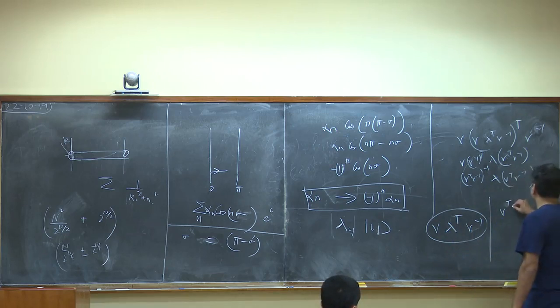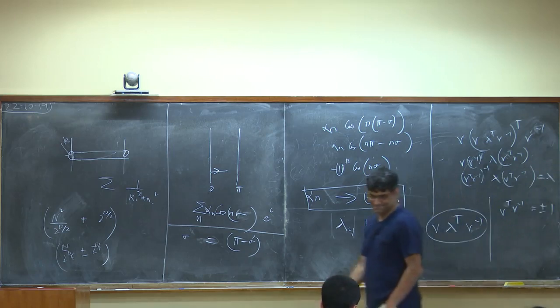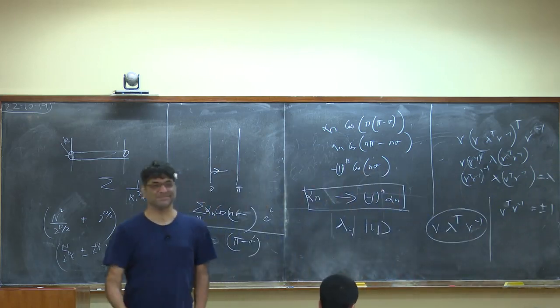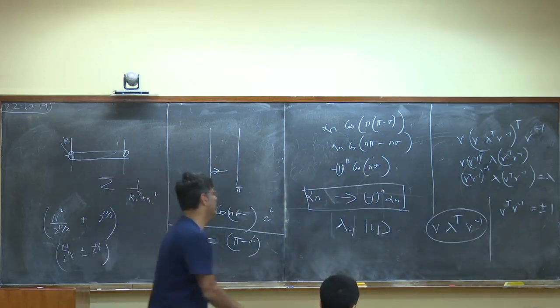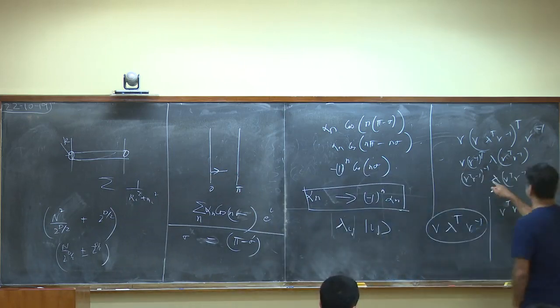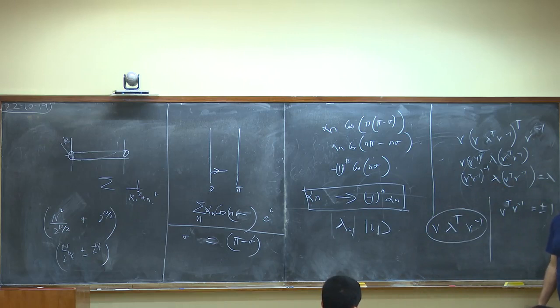So basically gamma transpose gamma inverse has to be equal to plus minus 1. Why does the number have to square to 1? Because we want this guy to be equal to lambda. We'll get another thing from here, and the square of that number has to be 1, even if this is A times some identity.